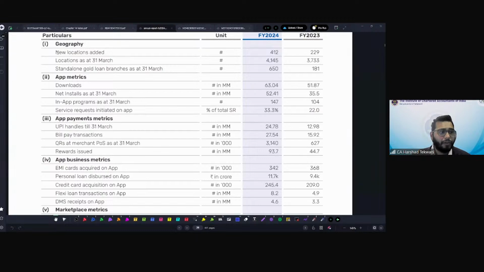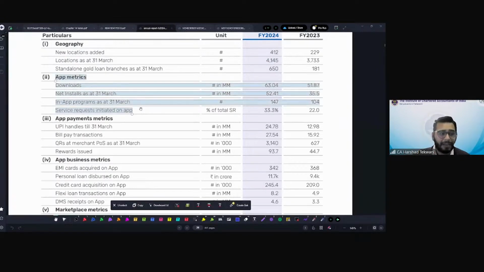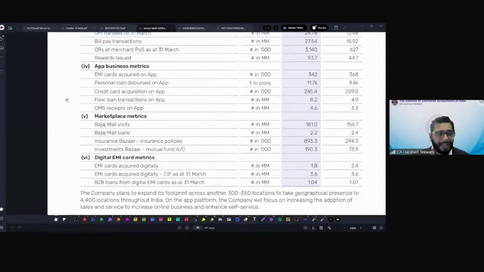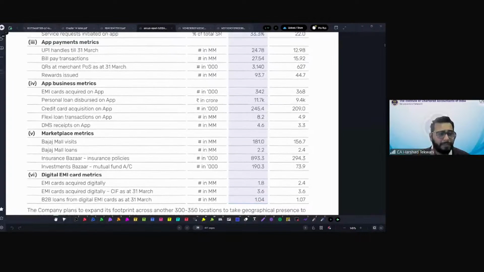As on 31st March, these are the locations that the NBFC has, and they have applications to provide service. They have EMI cards, personal loans, credit cards, flexi loans, and again insurance, investments, EMI cards acquired digitally. A lot of things are there.